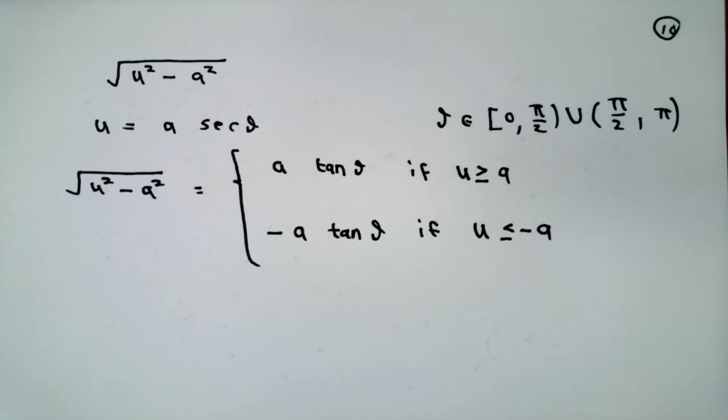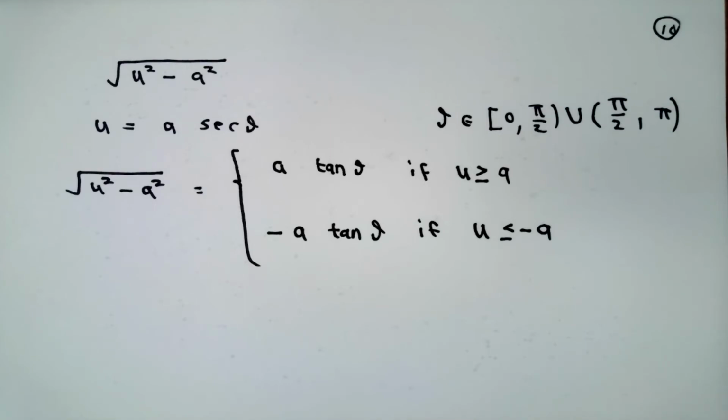So to summarize, if I have an integral that involves an expression like radical u squared minus a squared, I'll make the substitution u equal a secant of theta, where theta is within this complicated set of values that we figured out.